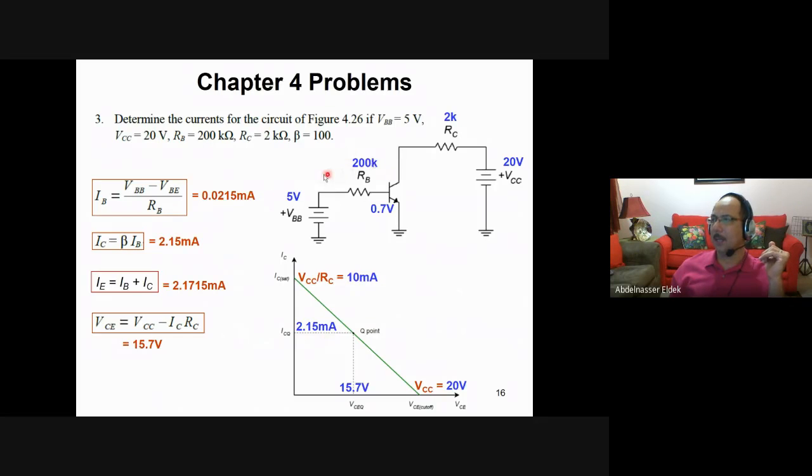This is a common emitter transistor. Then if we want to calculate, this is similar to the ones that we solved before, but with different numbers. So we need to find all the currents, for example, in this circuit. First, if you want to make the load line, you need to know what this point is and what this point is.